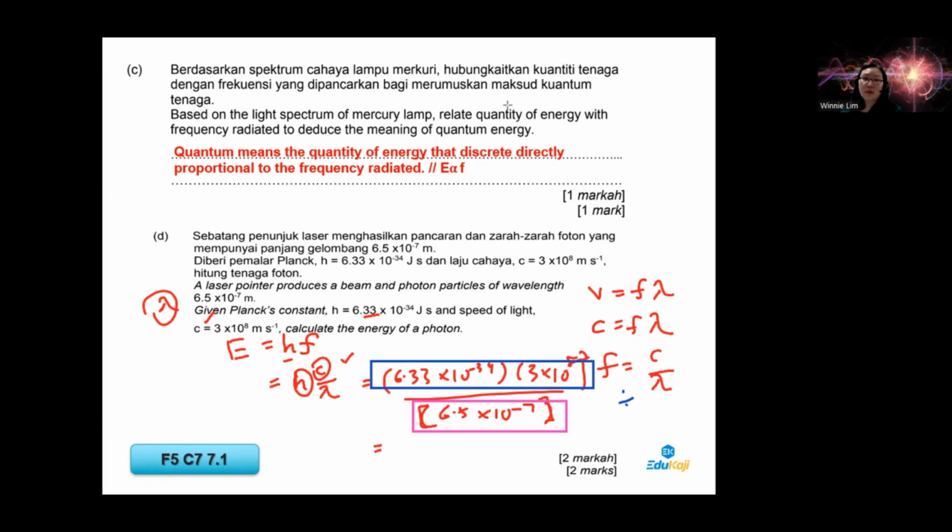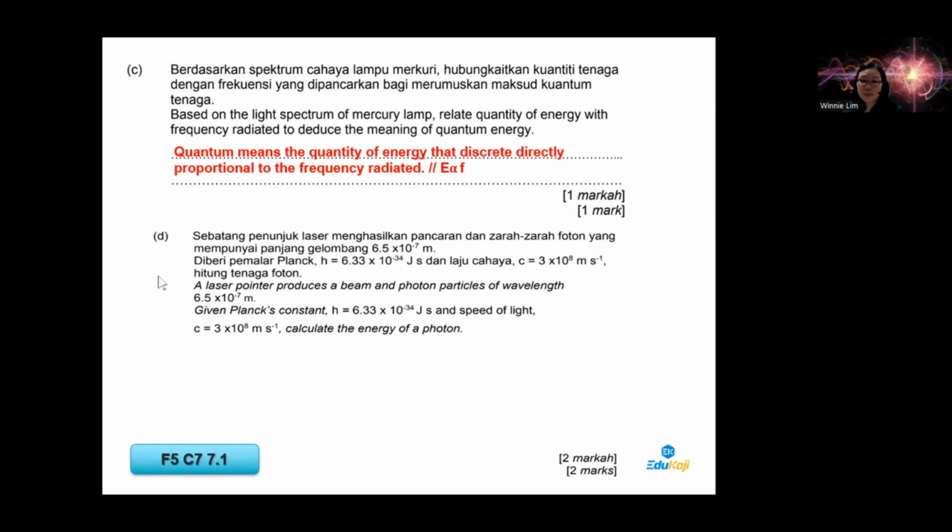So if you press the calculator carefully, you involve very small numbers, because the Planck constant is so small. By right, the correct answer should be about 2.9215 times 10 power negative 19 joule. Or you can write 2.92, minimum 2 decimal places. So from the answer scheme, this is the answer.